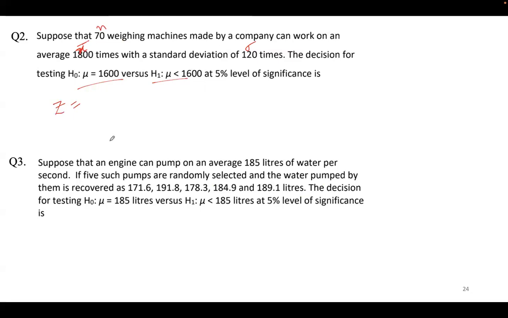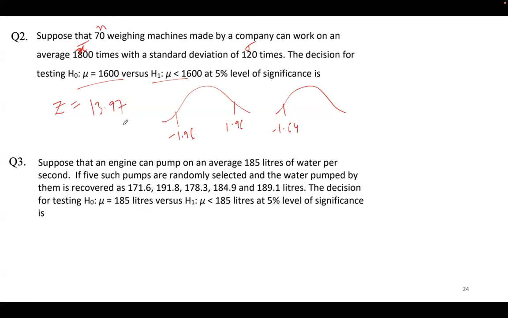And if you solve this, the Z value is going to come up to 13.97. Again, if you remember, this is only 1.96 and minus 1.96 when you're talking about the two-sided case. And when it's just the one-sided case, then it's equivalent to 1.64 or 1.65.